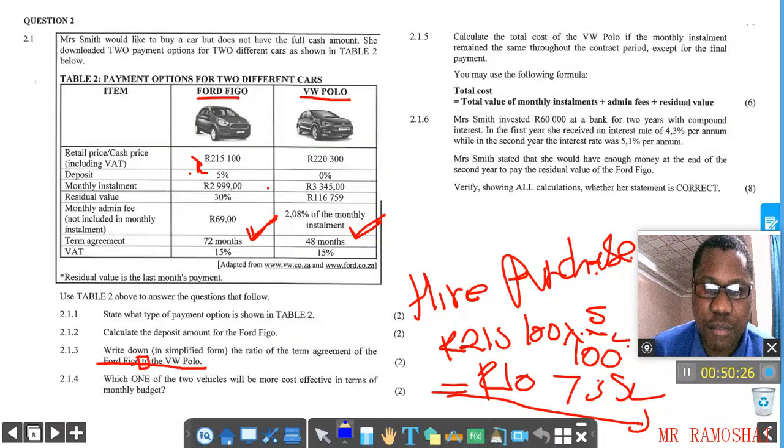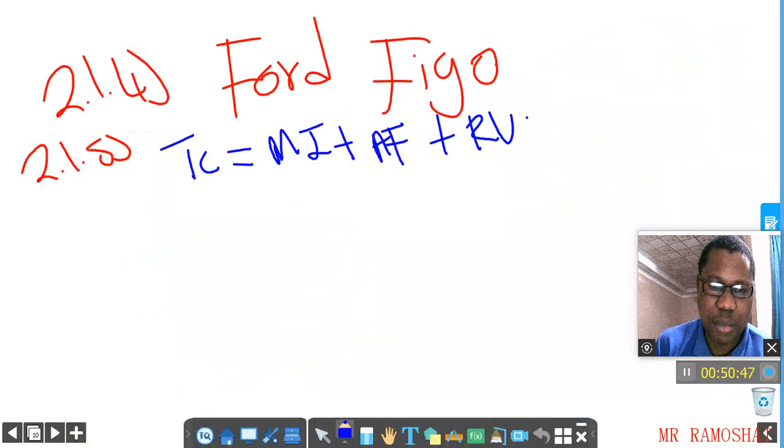Right, now let me go back. Now if you look at the VW Polo here, it says 48 months, but when you look at the residual value here, it says residual value is the last month's payment. Do you get it? So it means now we're going to separate everything here. I'll have the monthly installment here.